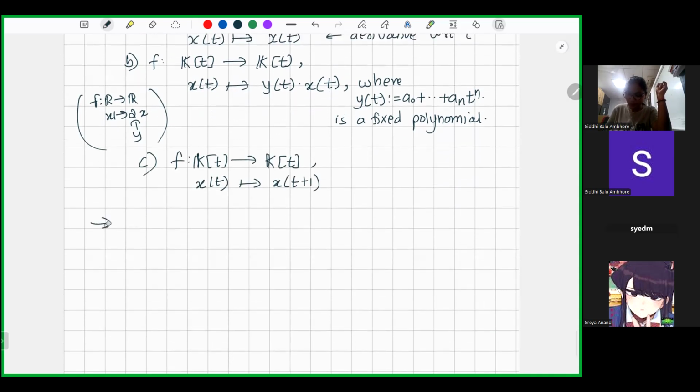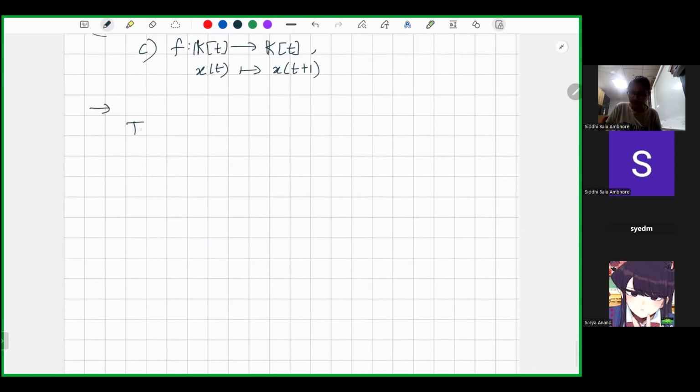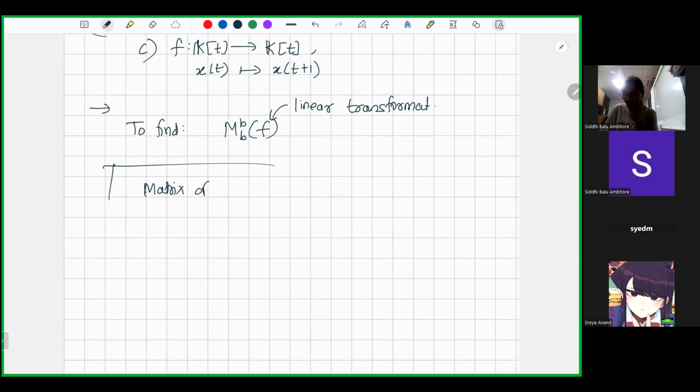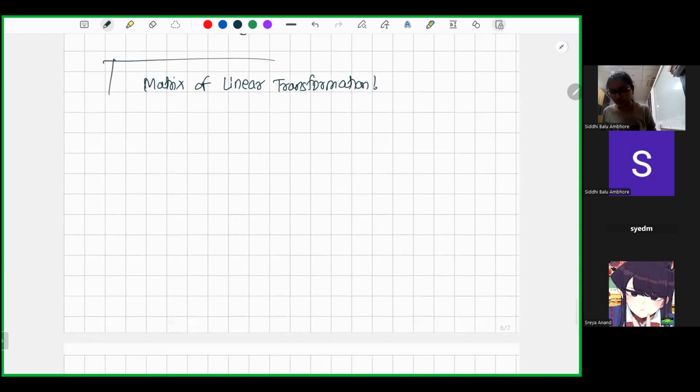Okay, so let us understand what this M_BB means. First of all, they have asked us to find this M_BB of this F. This F is a linear transformation. So what does this mean, and what does it mean in general? The matrix of a linear transformation, and why it carries significance.